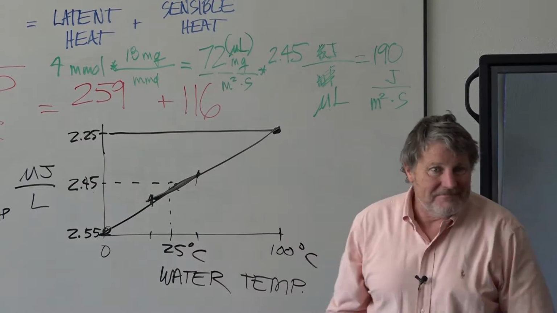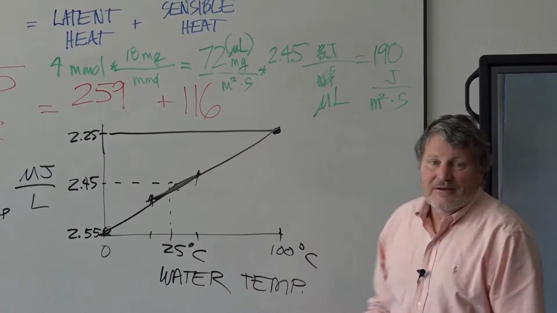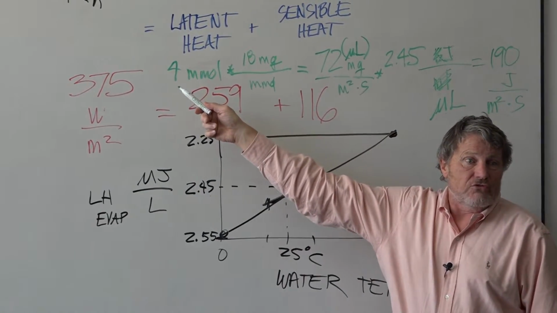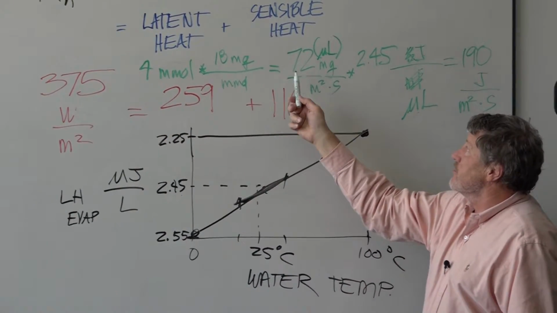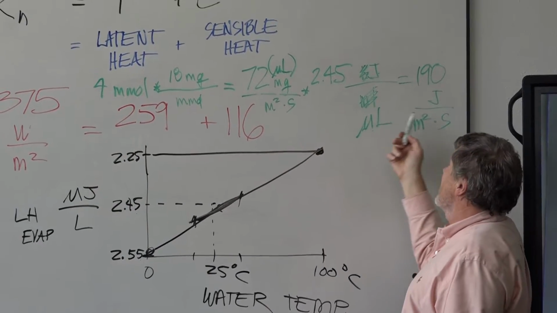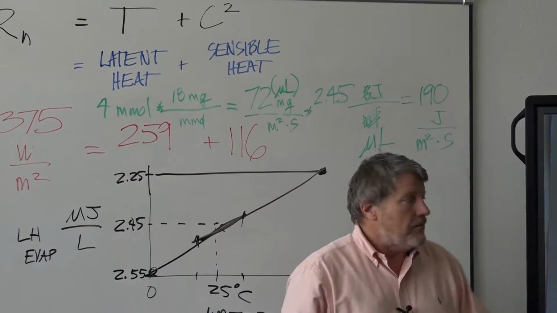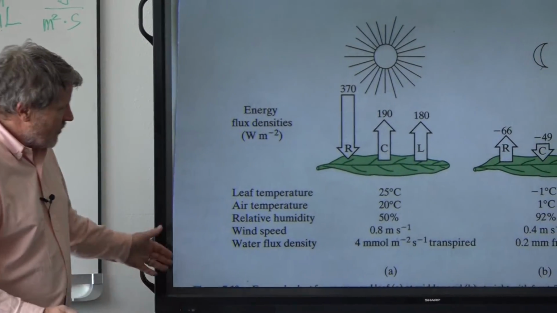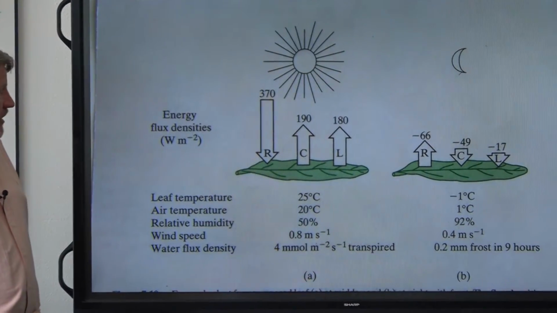Probably maybe exactly 190. So we just did an example of taking a transpiration rate in moles of water, converting it to weight of water, multiplying by latent heat of evaporation to get this number. It's a good thing that worked out. I just thought of doing that right now.